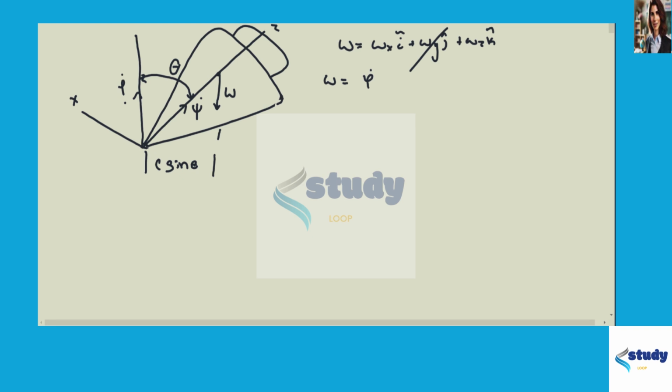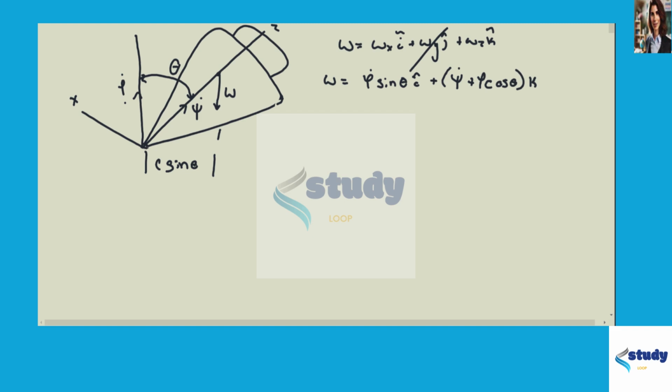From the x component, it's going to be phi sine theta i, plus the big phi, which is right here. We're looking at the x component along this line. So let me rewrite the big phi so you can actually see it. Big phi plus little phi cosine theta k, and that's your z component right here.